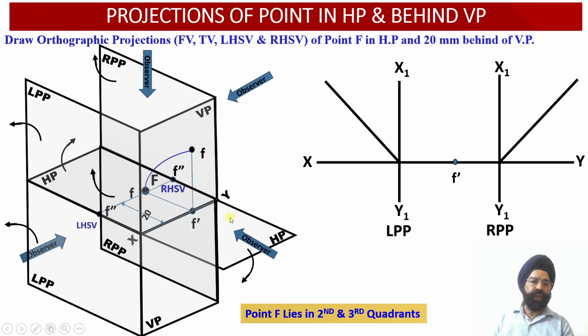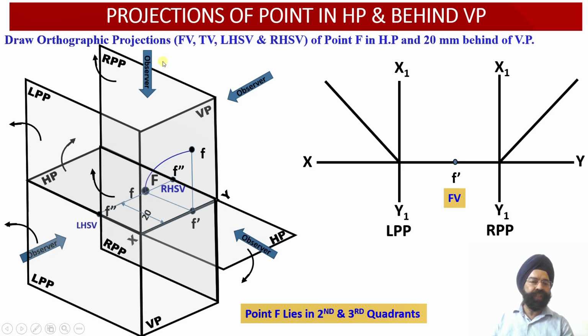Now when the observer looks at this point F from the front view orientation, we observe that this point F dash will be available onto the XY reference line, that is the front view orthographic projection F dash has been obtained onto the vertical plane at the XY reference line.